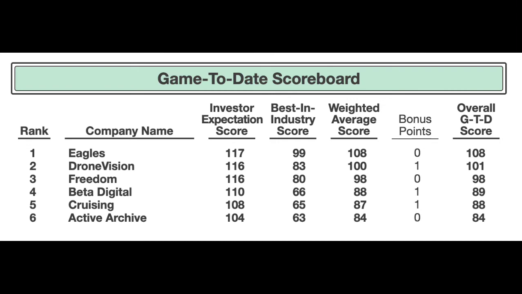So really watch out for Team E. Everyone should be analyzing what Team E is doing. I'm not saying to mimic them, but understand why they're leading the group so far. Team C is at 88. And then Team A is at 84, which is not too bad for a game to date. Their yearly was 80. But keep in mind, you don't want to keep on losing ground.